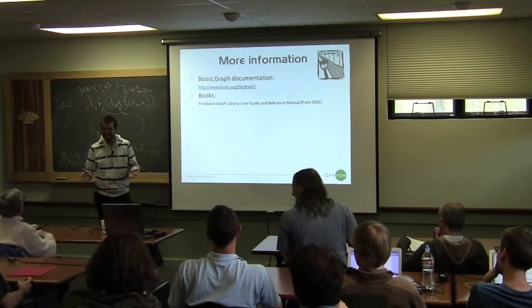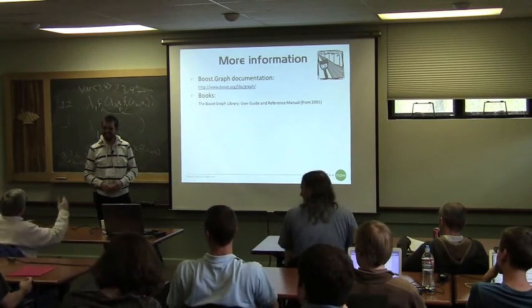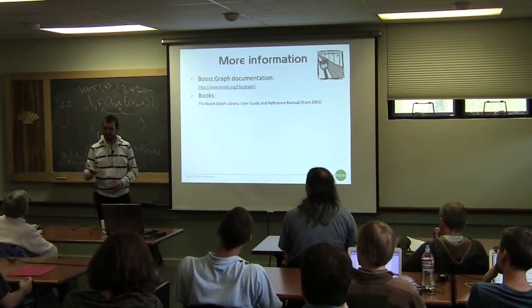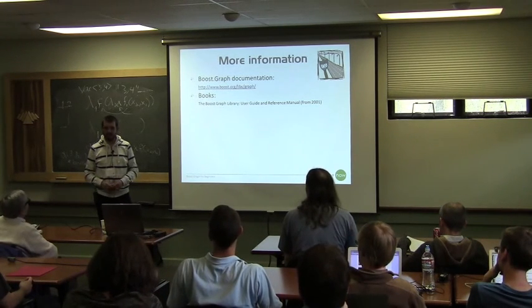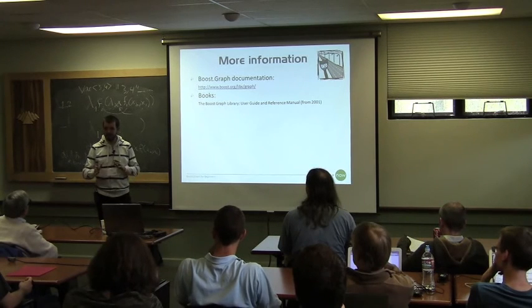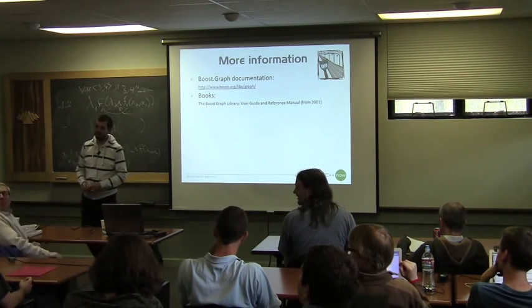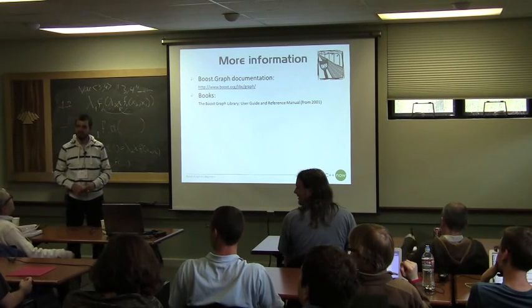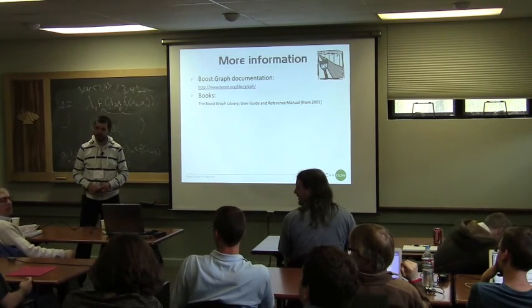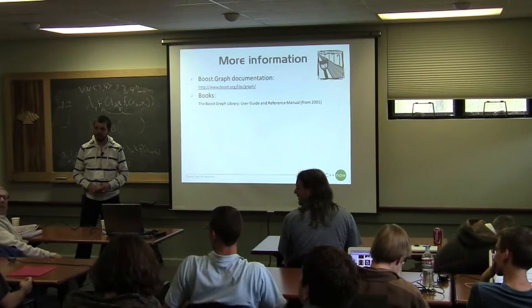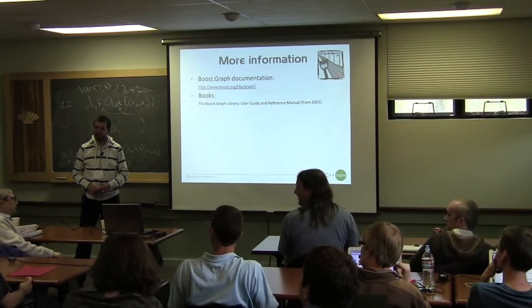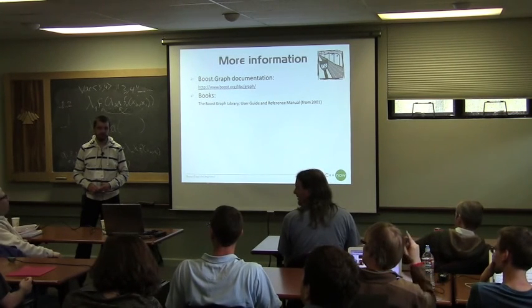Yes, the question is how it scales. I don't know. So I should come up with another talk, not BoostGraph for dummies, but BoostGraph for experts. The idea is that you can use your own data structures and plug them into the BoostGraph framework. And then it depends on your data structures how it handles that. Okay, thanks. Okay, good.